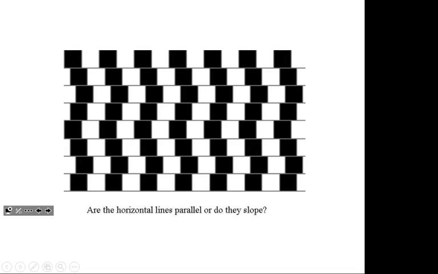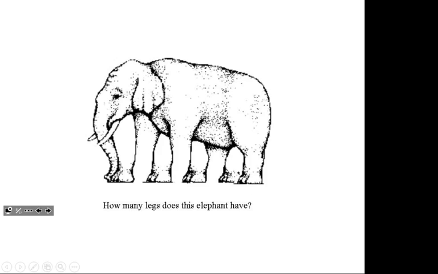And then of course these lines are parallel, even though they don't look parallel. Because your brain is trying to make sense. And in trying to make sense, then it tricks it.